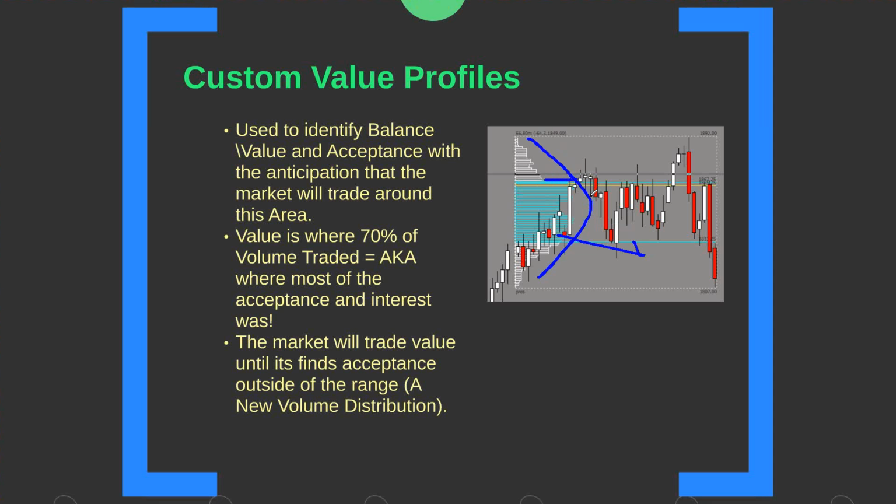Price sometimes will not show you where the market's going to move sideways until it does. Volume, however, does. Volume can give you an idea where the market is likely to come back to and move sideways before it actually does. This is key because it allows you to create ideas, assumptions, and expectations before the market does what it's going to do.